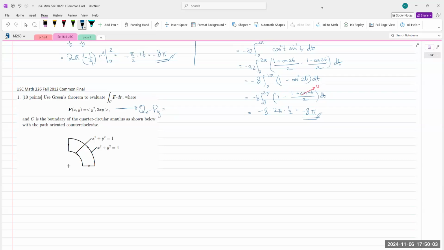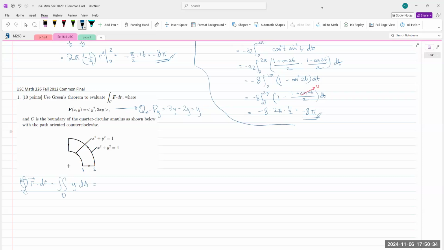Q sub X is 3Y and P sub Y is 2Y, so the difference is Y. C is the boundary, counterclockwise, of the annulus shown below, from radius 1 to radius 2. So the integral over closed curve C of F dot dr is equal to the double integral over region D of y dA.